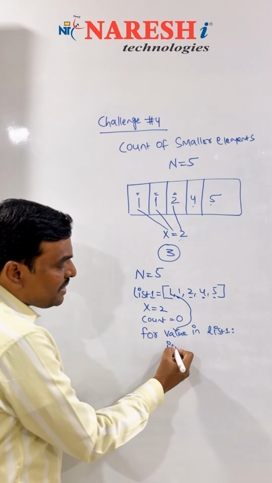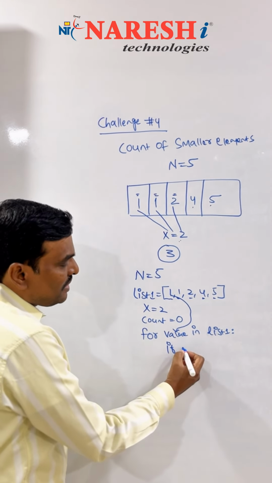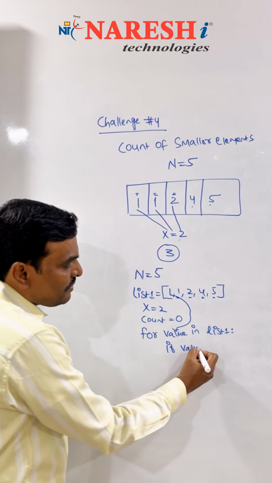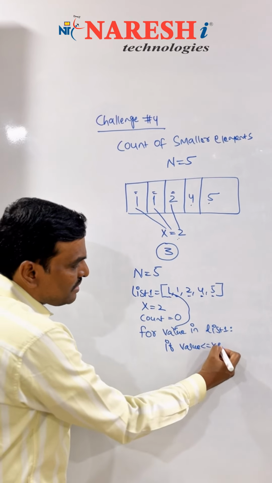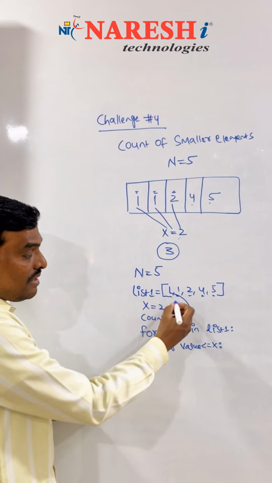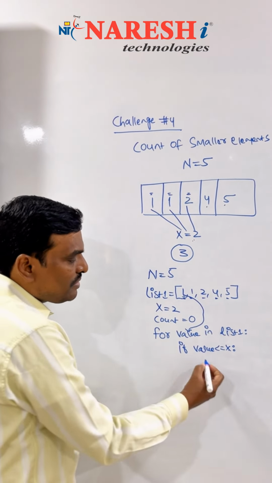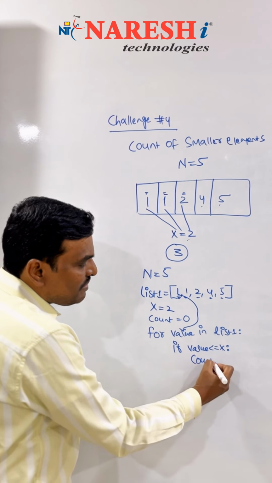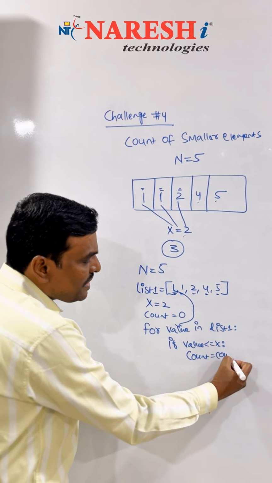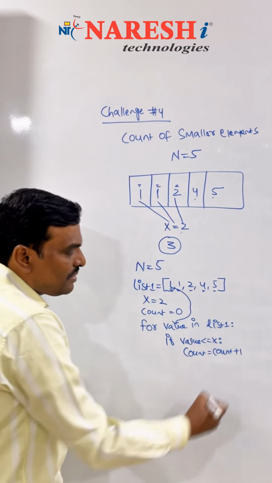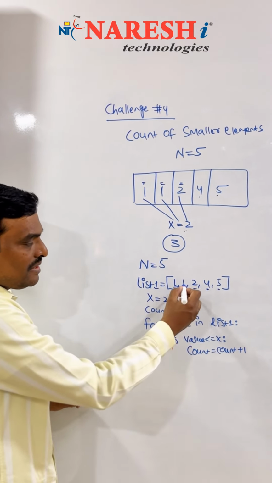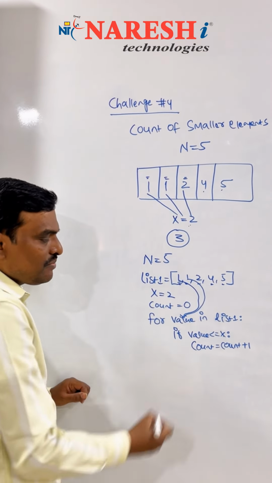And you are comparing it by saying if value is less than or equal to x. What is the value here? 1. Is 1 less than or equal to 2? Yes. Then I am writing here count equal to count plus 1. Then read the next value which is 1 again.